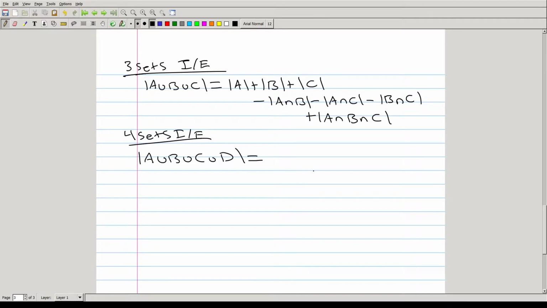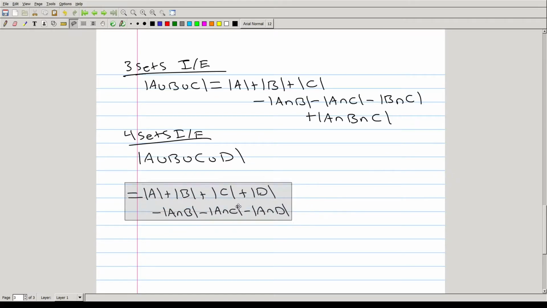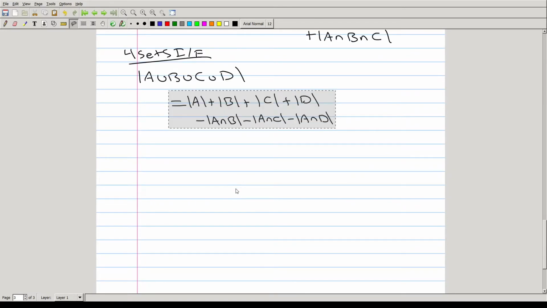So for 4 sets, the inclusion-exclusion principle that we get is going to be the size of this union of 4 sets will be the size of A plus the size of B plus the size of C plus the size of D, minus all of the first order intersection sizes, of which there are 6.